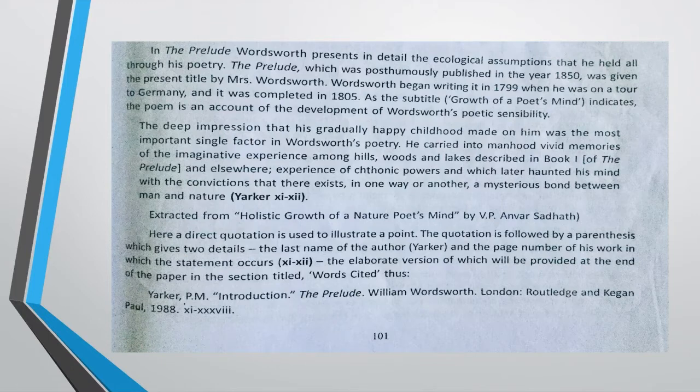In detail, you have to give the author's name, Yarker, PM, and the title of the essay or the chapter, Introduction, in double inverted commas, then the name of the book, The Prelude, William Wordsworth, then publisher, London, Routledge and Kegan Paul, then the year 1988, then the page numbers.